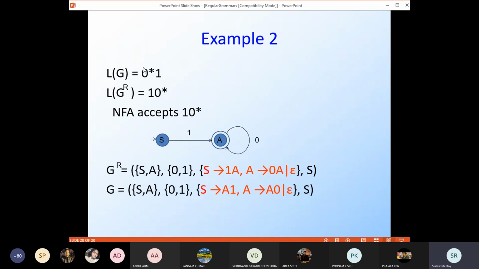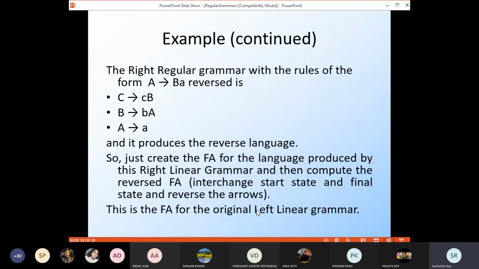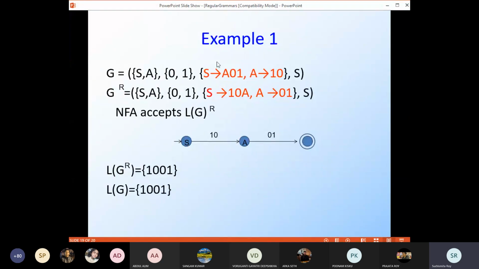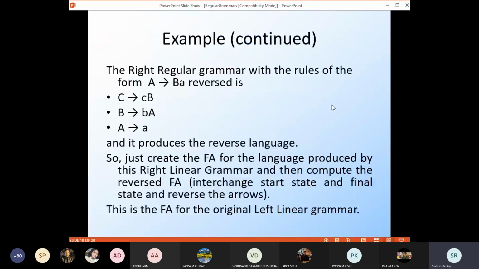This part is actually just to show you how the regular expression is also inverting. But this NFA, you have reversed it to get this NFA, and from this you get the right linear grammar. Reverse the right linear grammar to get the left linear grammar for the original language. Which is the original language? This language. Okay.